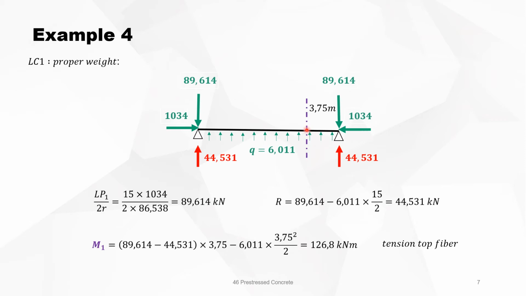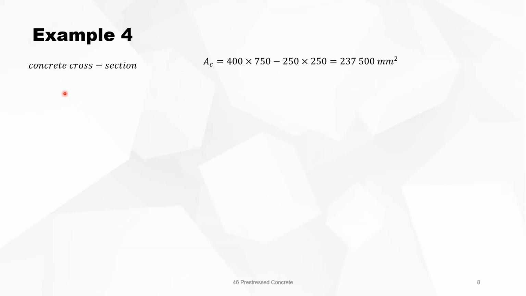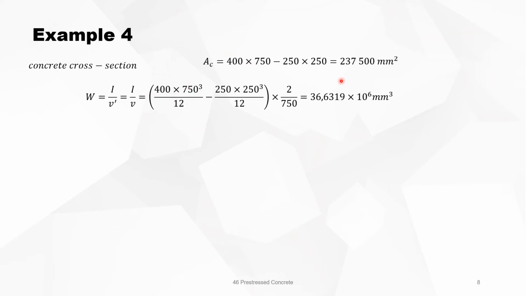So it means that in this section there is tension on the top fiber. Concrete cross section is 237,500. The W is this. Again, we are using the subtraction rule. On the top fiber, we have a tension now of the stresses on the top fiber is now the minus P1 over AC plus M1 over W, sorry.